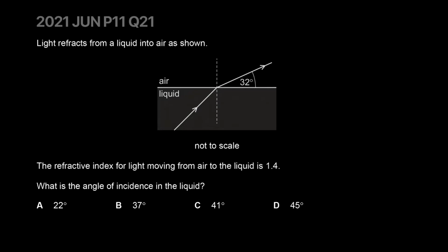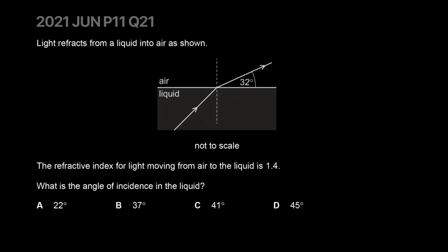This type of question in particular is difficult because we think they're talking about the critical angle, but they're not. So the equation we study is difficult to use here, but we'll try our best to use it properly.